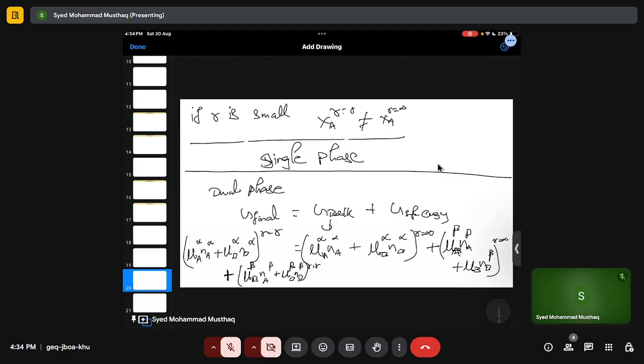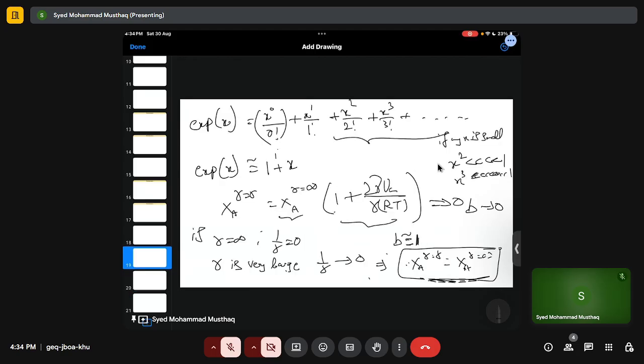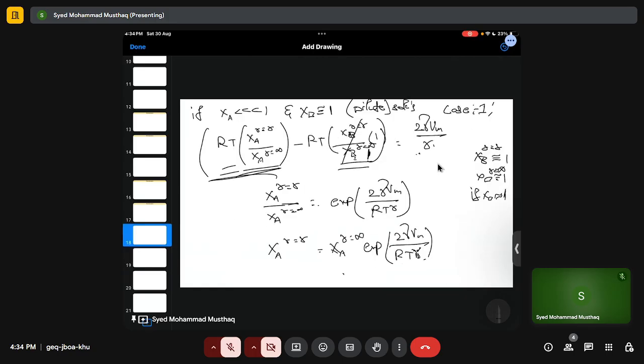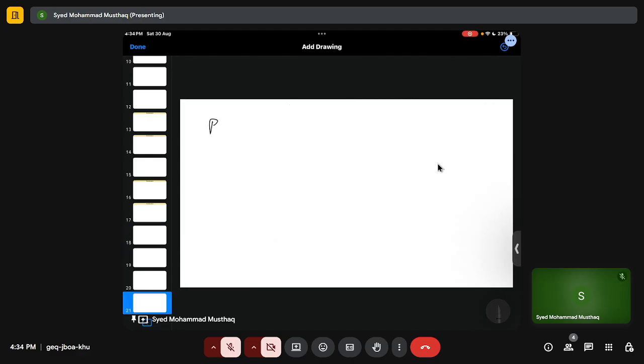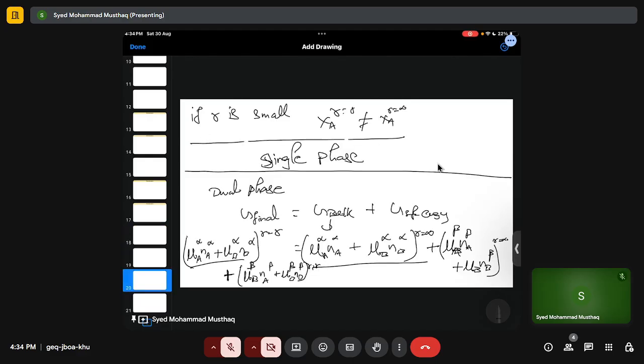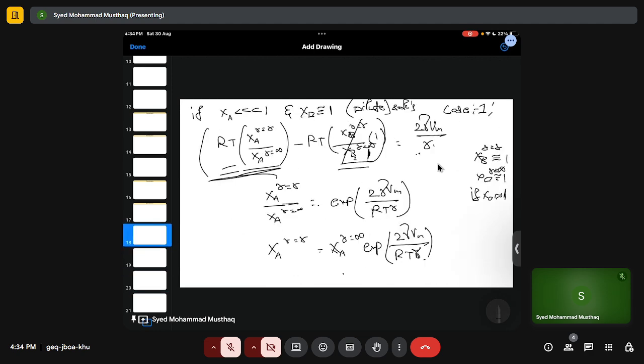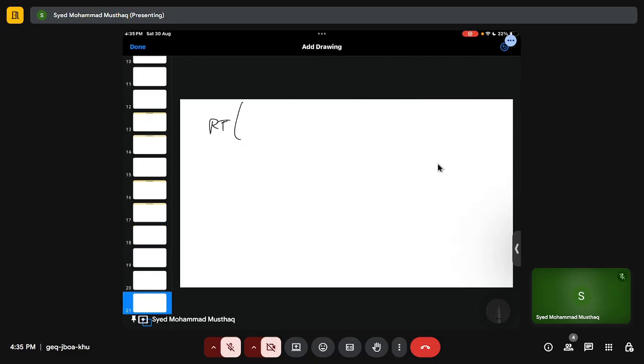So again these will give me this term: RT ln of XA at R equals R over XA at R equals infinite. This is the mole fraction of A in alpha. Then you have RT ln of the mole fraction of B in alpha.